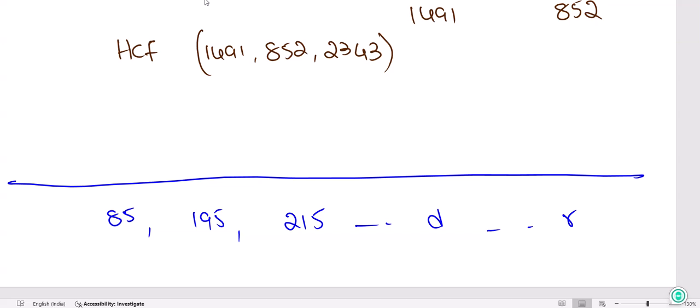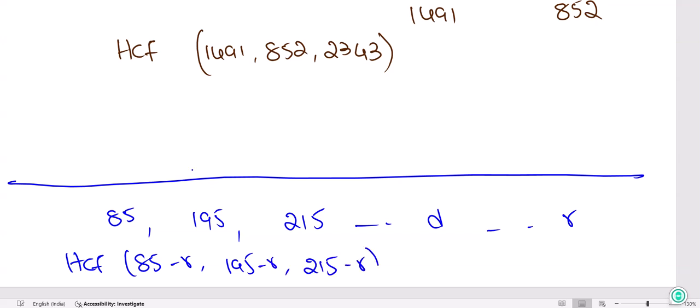r in each case. Then what I said is, you have to take HCF for 85 minus r, 195 minus r, 215 minus r. Like this I said. And to calculate HCF, I said take the difference between the numbers. What's the difference here?